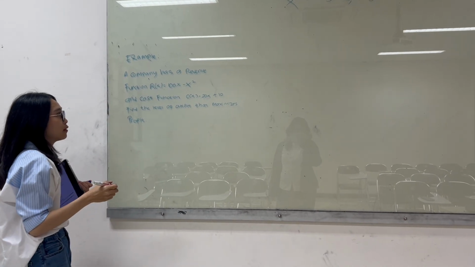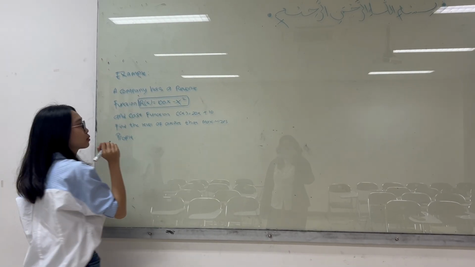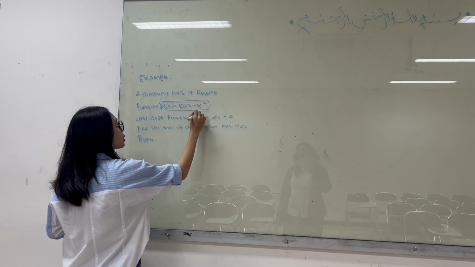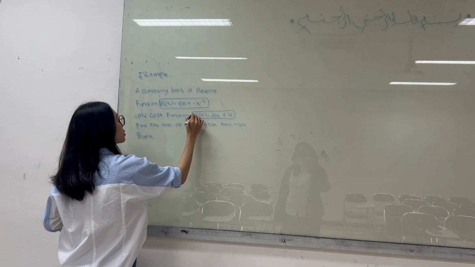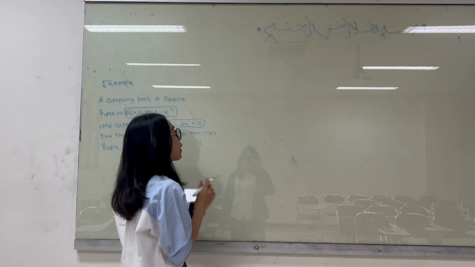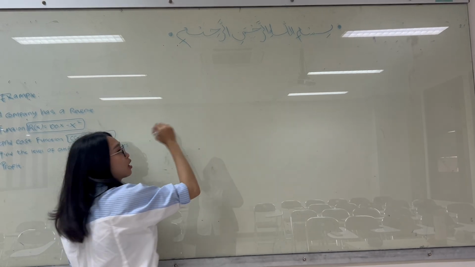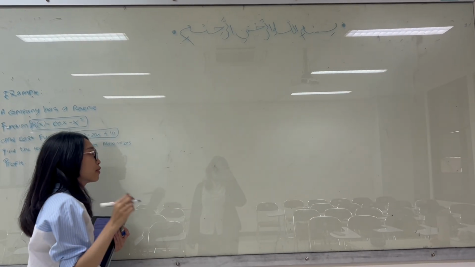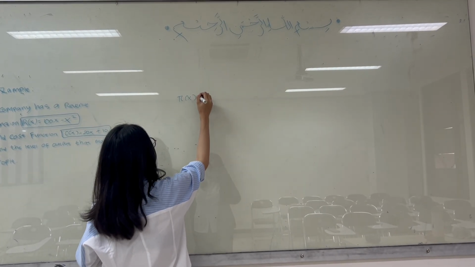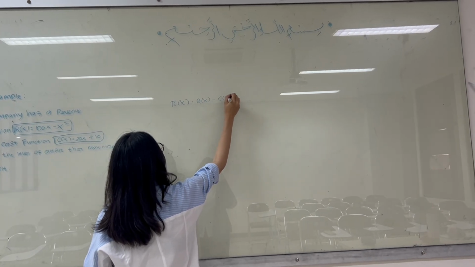So first, we have to find the profit function. The formula is P(x) is R(x) minus C(x).